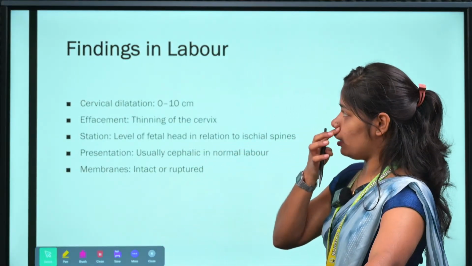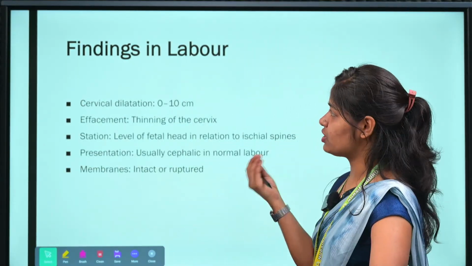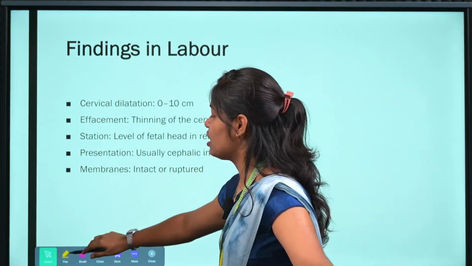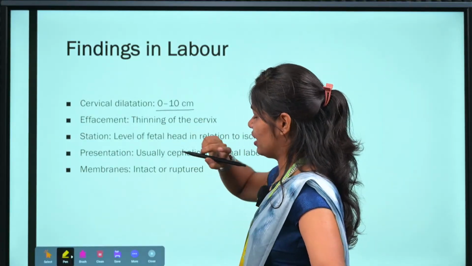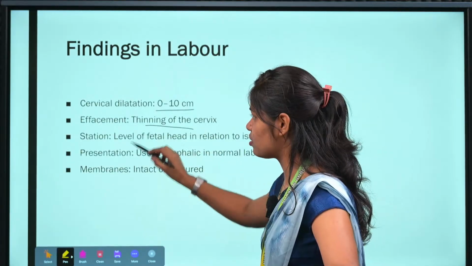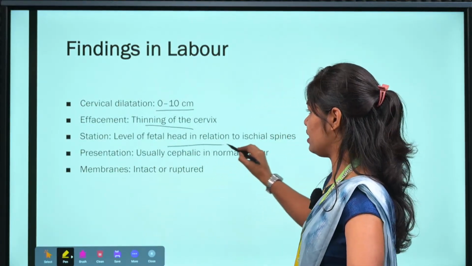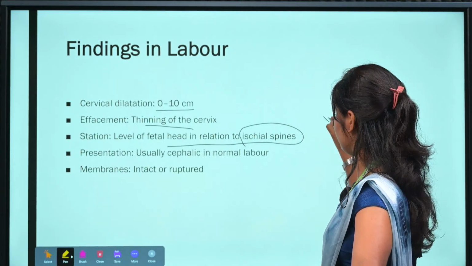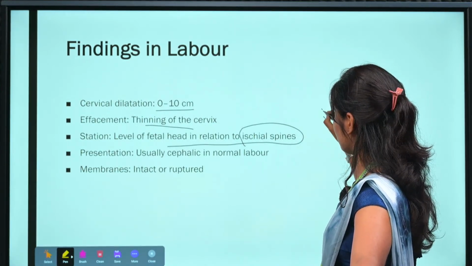Next, by doing the per-vaginal examination in the labor, what are all the findings we can assess? Cervical dilatation until 10 centimeters we can assess by the per-vaginal examination, and also the thickness of the cervix and the head relation between the ischial spine and the pubic.